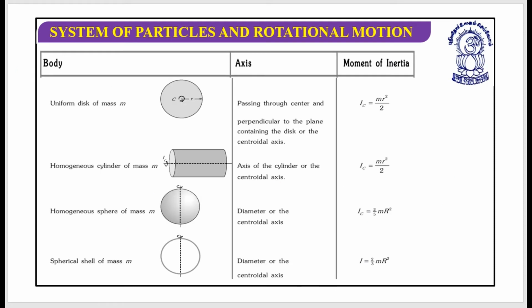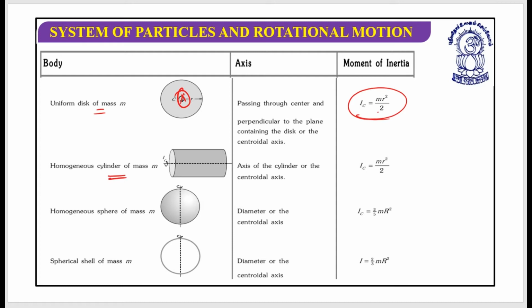Great. Next, it's a uniform disk of mass m, which we understand would be mr square by 2. And when we talk about mr square by 2, it is the case when the axis of rotation passes through the center and perpendicular to the plane. Got it? Now next, it's a homogeneous cylinder of mass m.